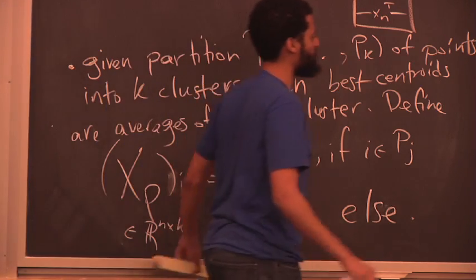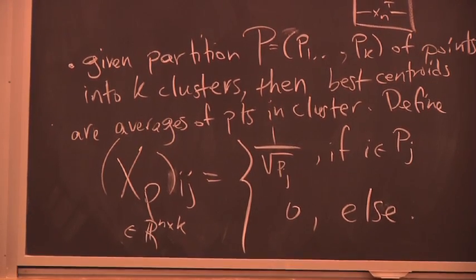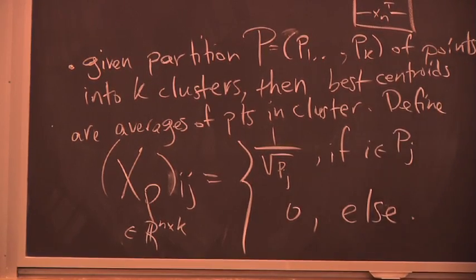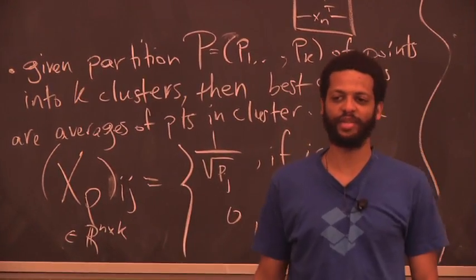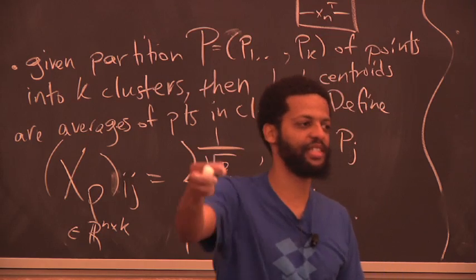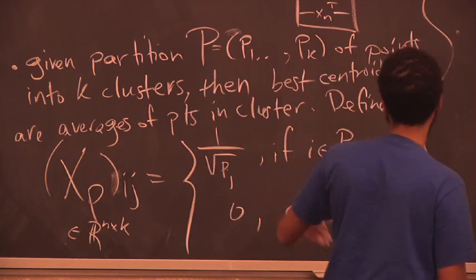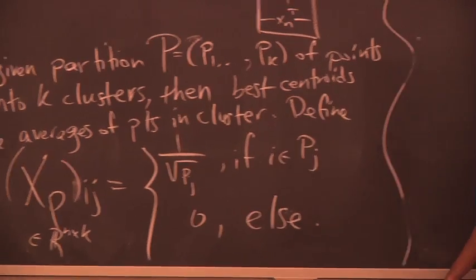Let's say that we don't have any empty clusters, since there's really no advantage in k-means to using fewer than k clusters: if you put a point in its own cluster, you'll do just as well. Then you can convince yourself that XP transpose XP is the identity.